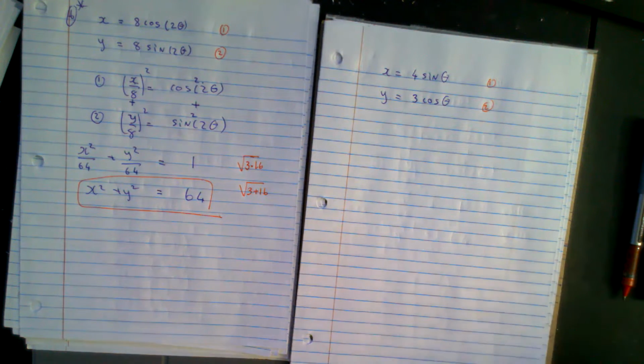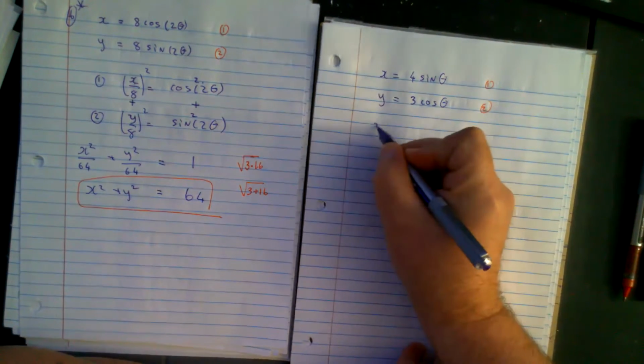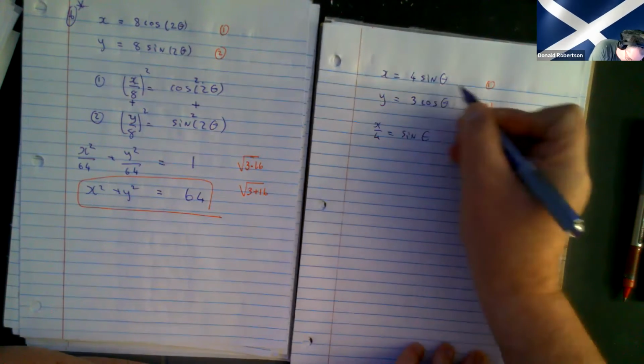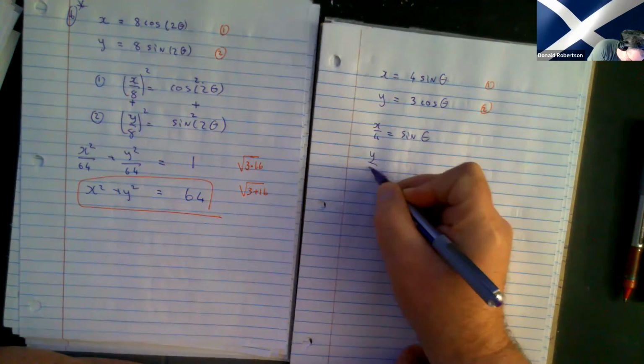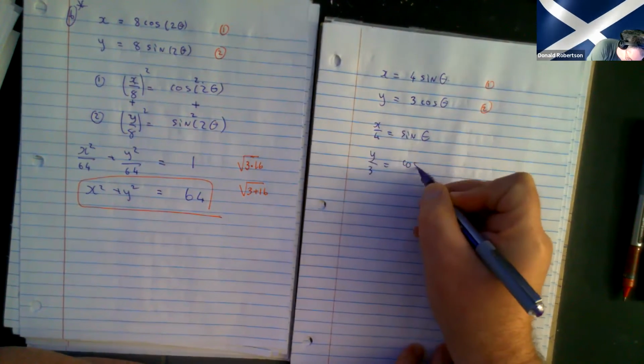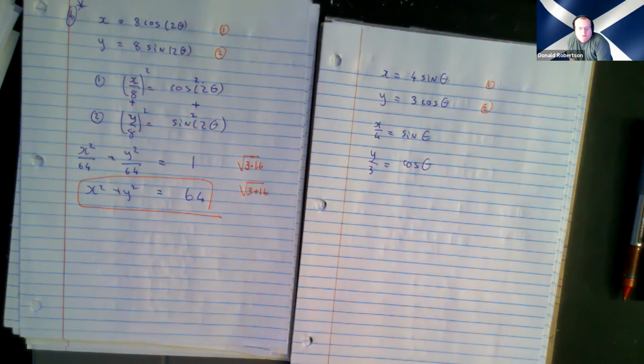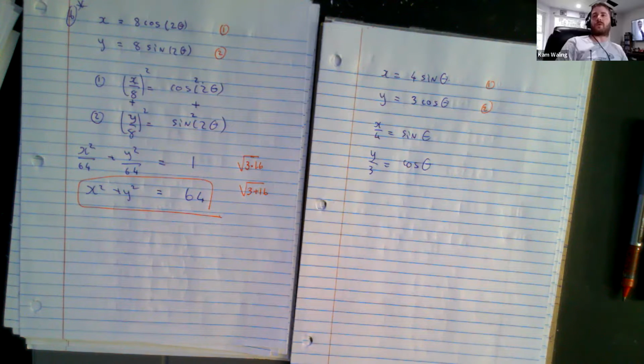Divide out the constants. Okay, divide out the constants. So divide everybody here by 4 and divide everybody here by 3. That's a good start. I like that. What's next? Square them both.